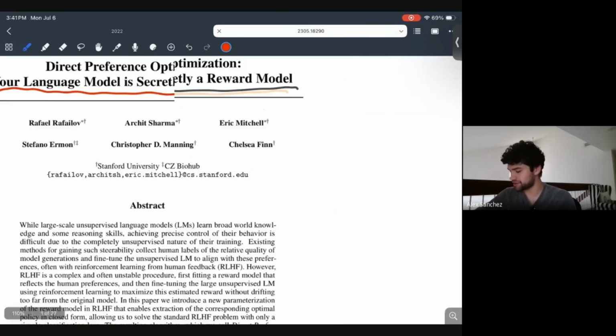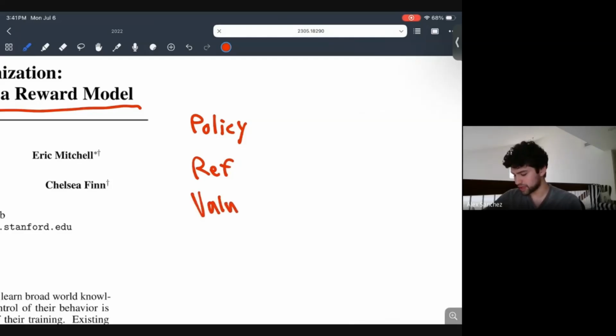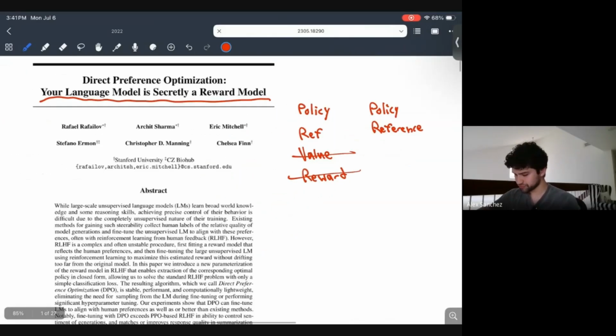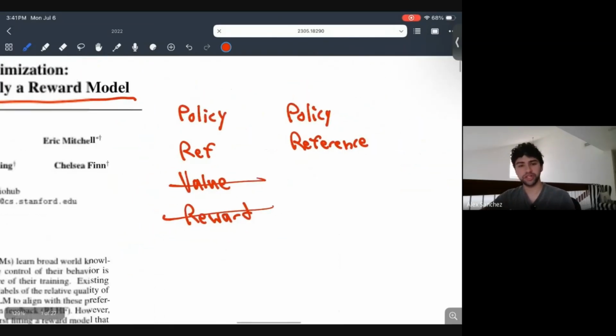Using this method, we go from having that really complex PPO setup of, as I said before, the policy, the reference, the value, and the reward model, to just a policy and a reference, and no need for these two right here. Because again, we are bypassing the whole idea of using reinforcement learning here.